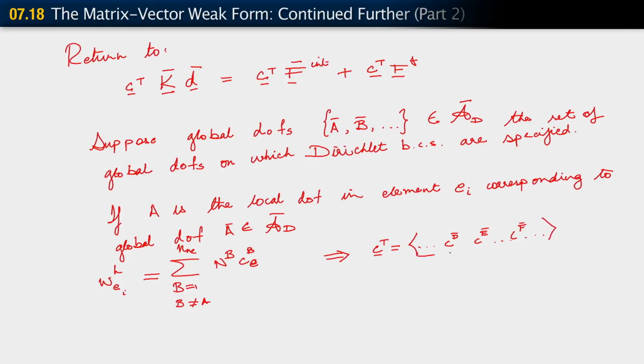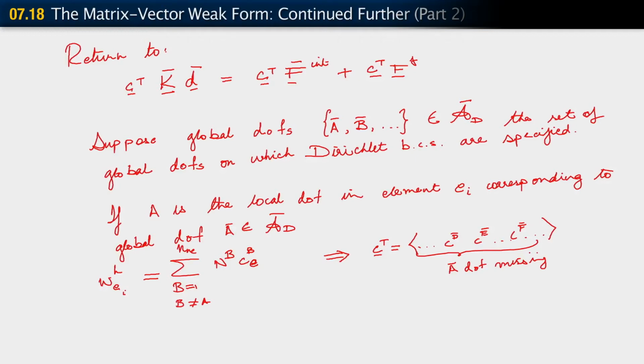But what will be missing here is the A bar degree of freedom. Okay, and this will hold for all degrees of freedom that have Dirichlet boundary conditions specified on them.